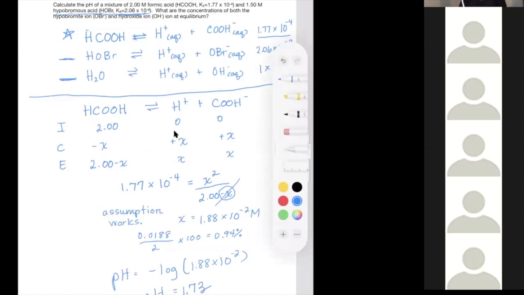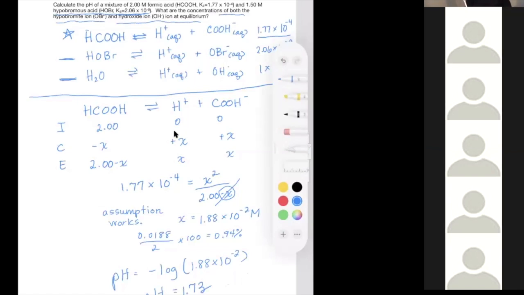So that is for the hydrogen ions, of course, no, I'm sorry. This is for the formic acid. It asks us to calculate, if we go back up here, both the hypobromite ion and the hydroxide ion at equilibrium. So we are not finished here.